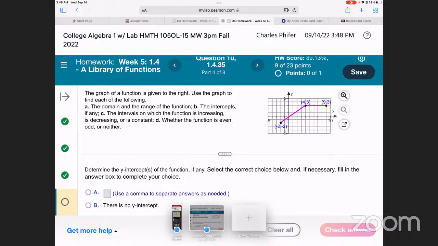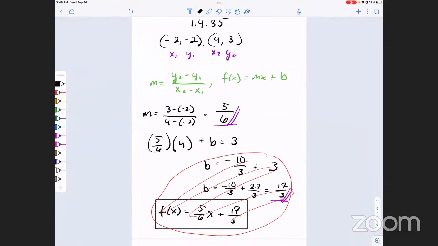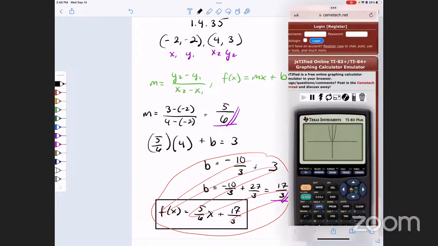Let me do it one more time. The slope, that's a 5. And that's 6. X is 4, Y is 3. I was simplifying. Let me do it here on the side. I see the time.